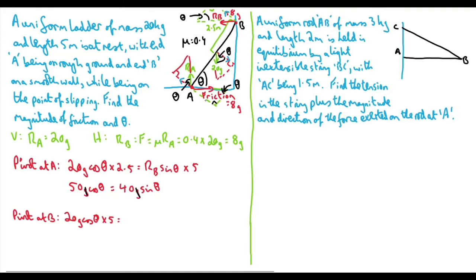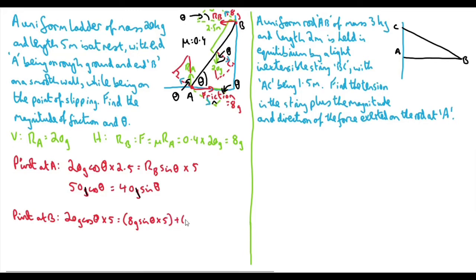For the friction, that's going to be this component here. Because we're measuring this to be theta, this makes this the opposite side. Therefore, that component is going to be 8g sine theta, which will then be times again by that distance of a whole 5 meters.